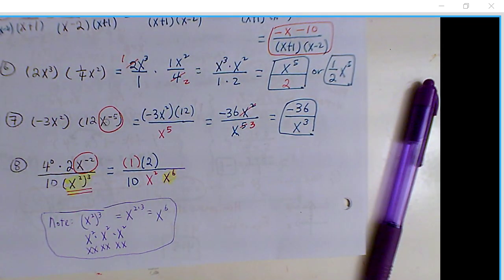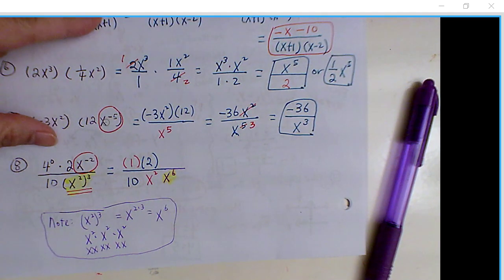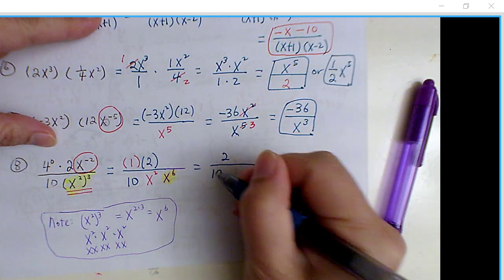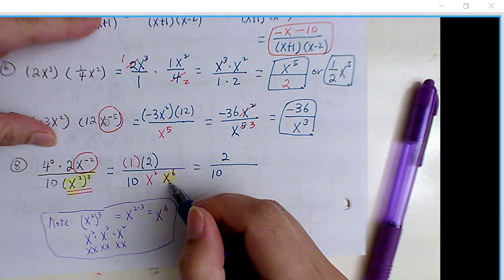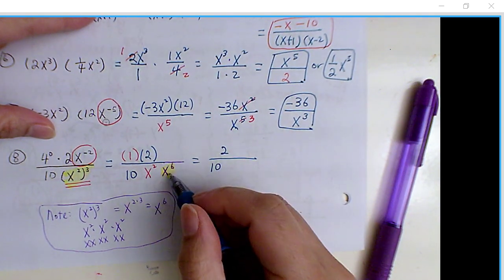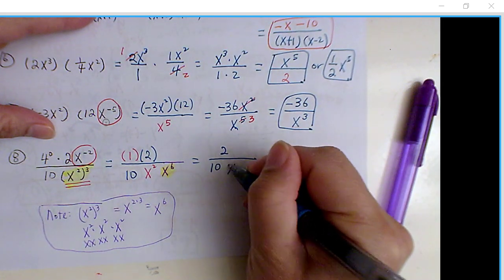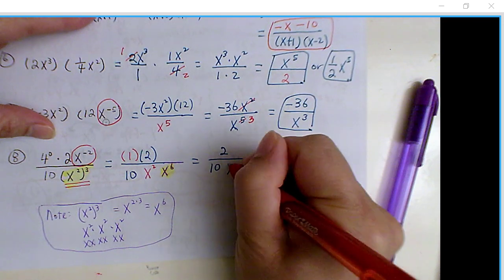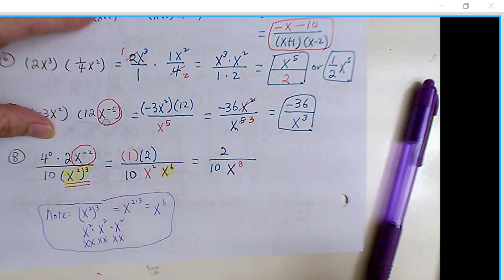All right, so now what? On top, we are going to have 1 times 2, which will give me just 2. At the bottom, we have 10. And then now we have same base multiplying, like 2 and 6 more, right? So we need to add the exponents. After we add the exponents, 2 plus 6 is going to give me 8. Anything else I can do?